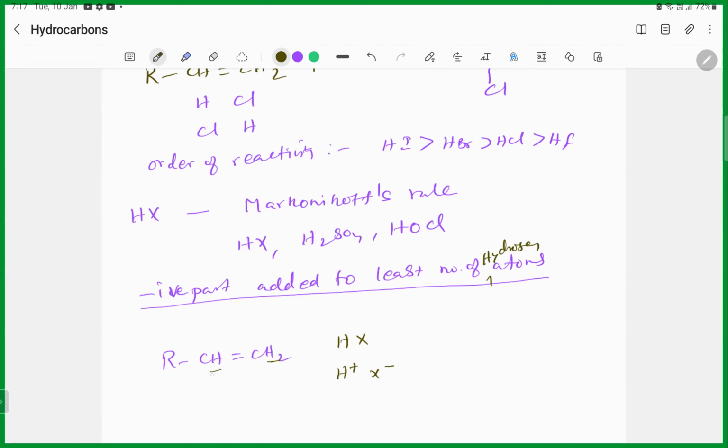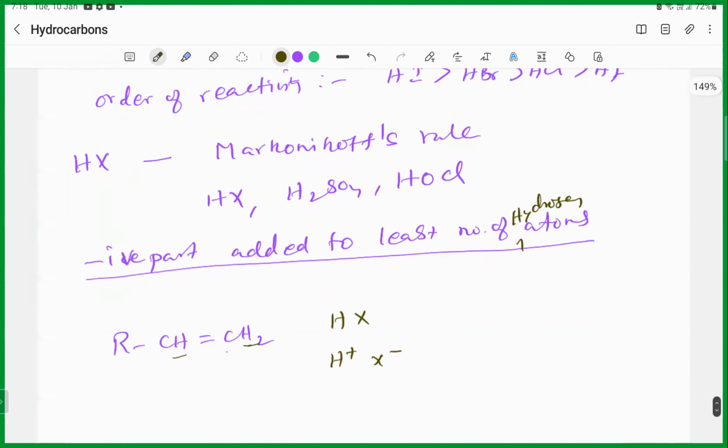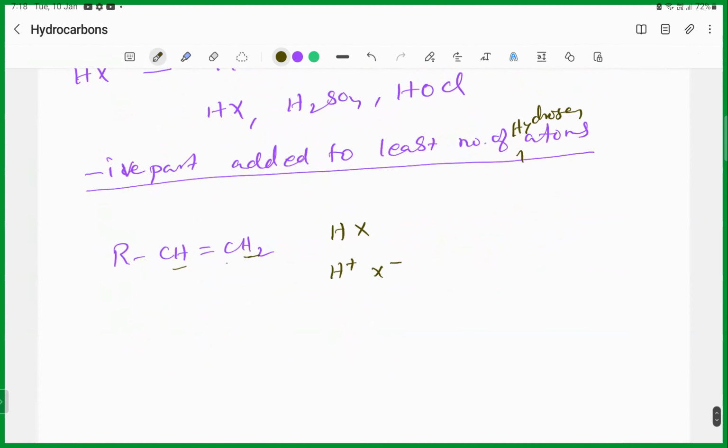So the negative part comes to this place or this place? Middle one or terminal one? Where will the X minus go?